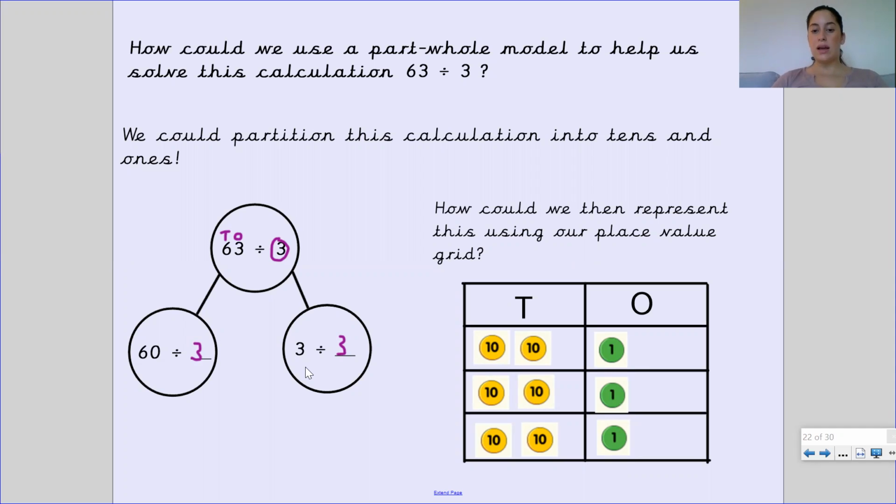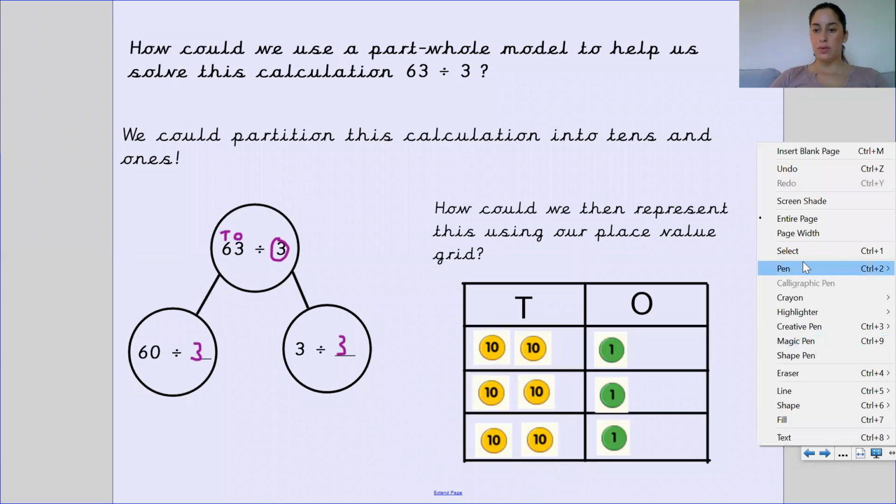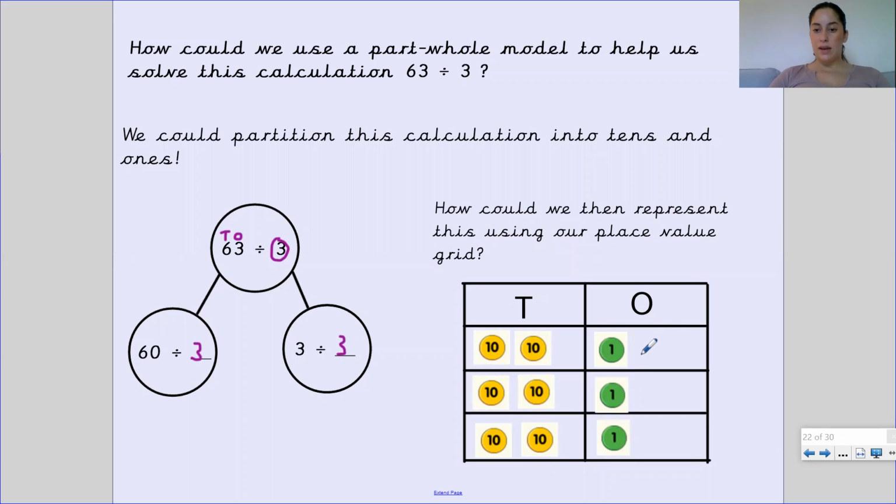So if you look at each individual group, how many do we have in each group? Pause the video and have a think. Okay, so we had 63. We divided that number by 3 by partitioning it into tens and ones.